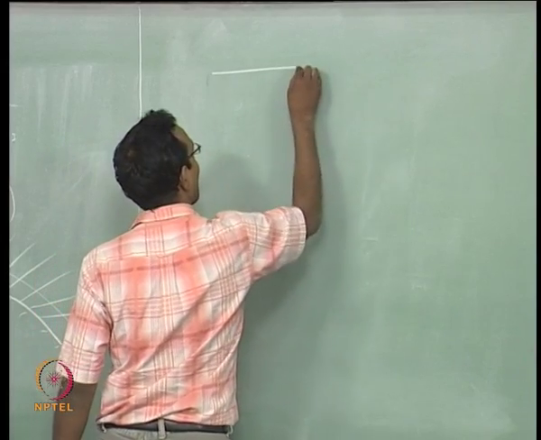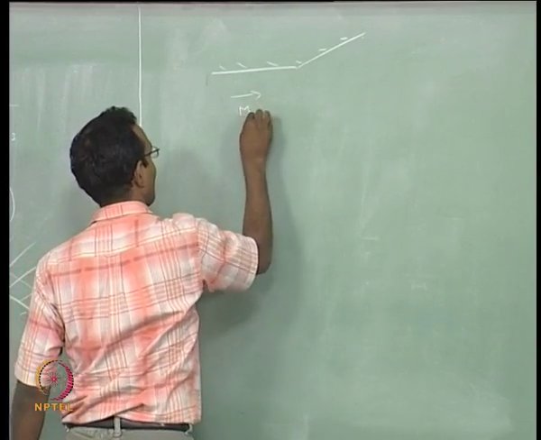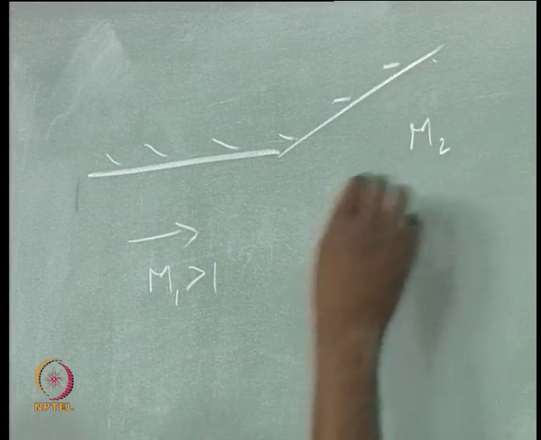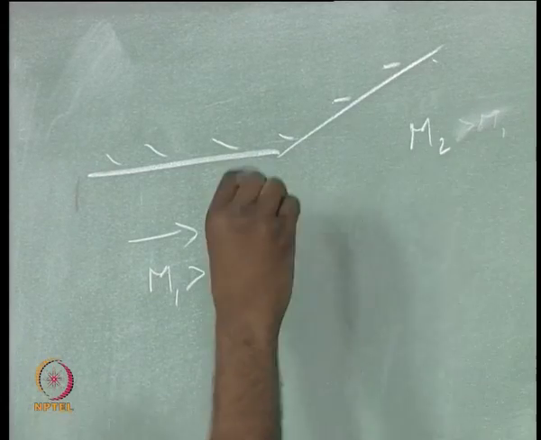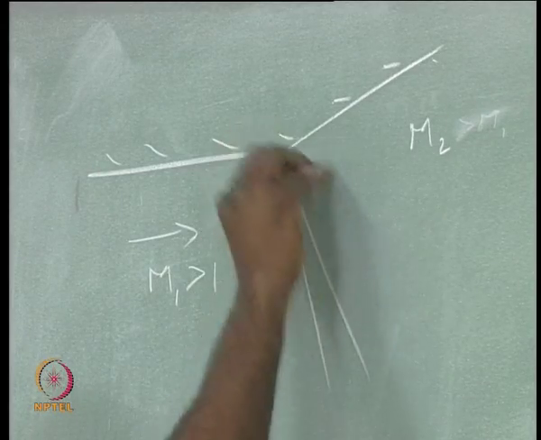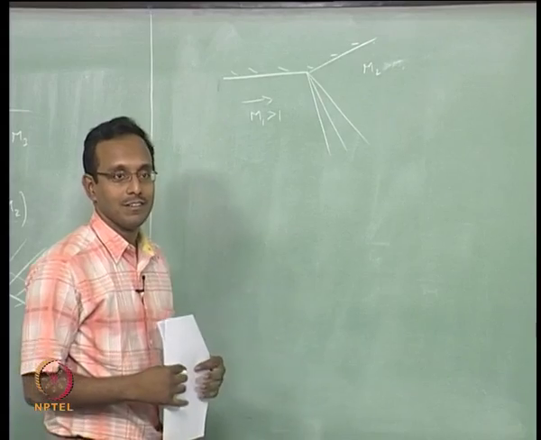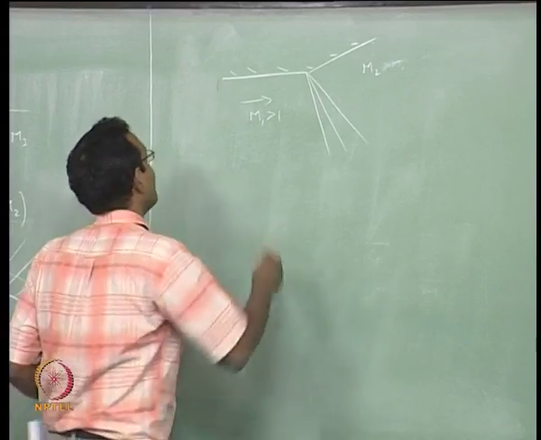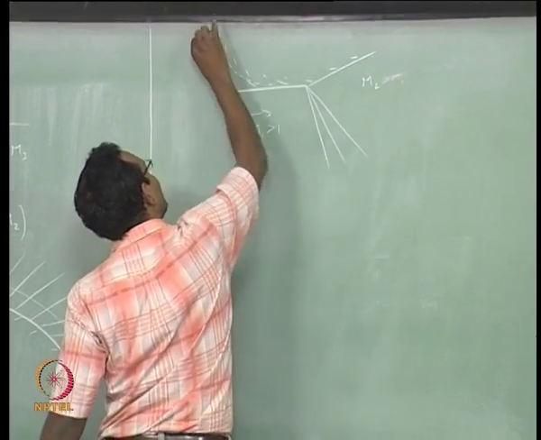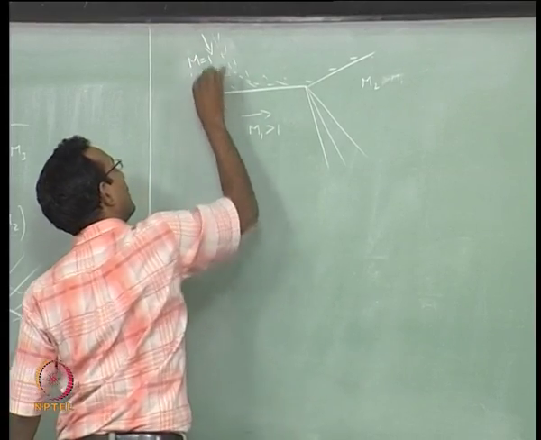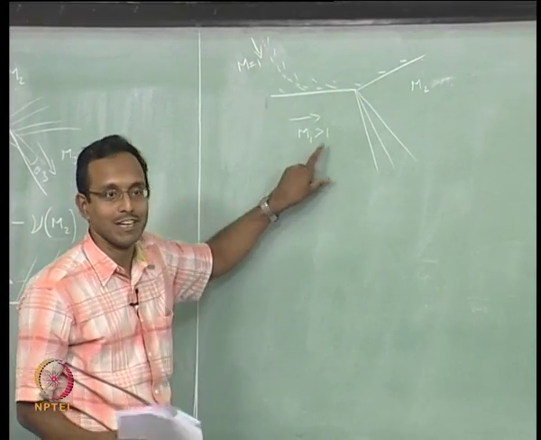I will draw a wall like this, and now I am going to say this is M1 greater than 1, and it is becoming M2, which will typically be greater than M1. There is no other case, I do not need to write it, you should know this. And there are going to be expansions this way. How will I imagine the M equal to 1 point? It is going to come from the top side. The dashed line wall I am going to draw here is coming from M equal to 1, it is going to deflect this way and come to M1, which is greater than 1, let us say it is 2.